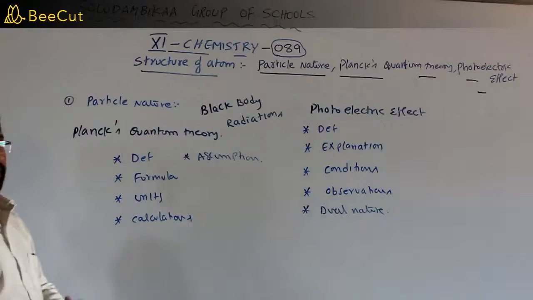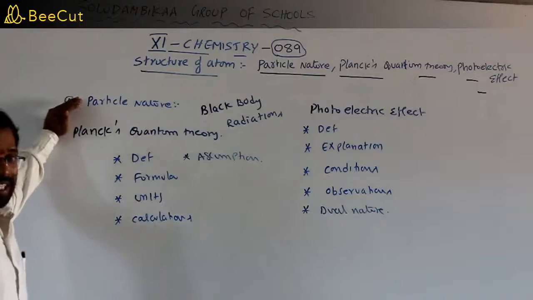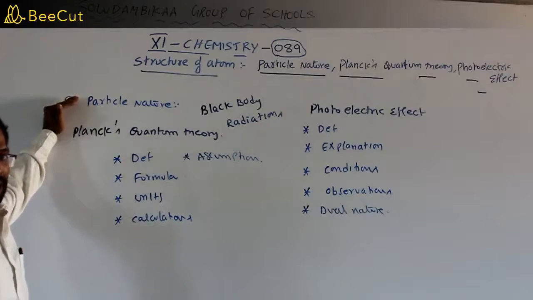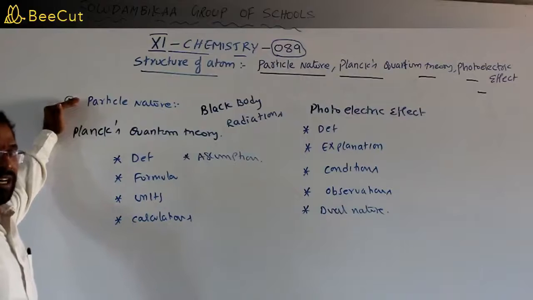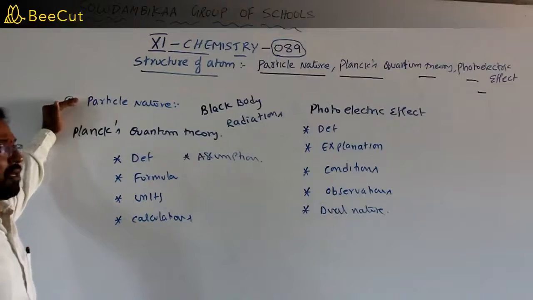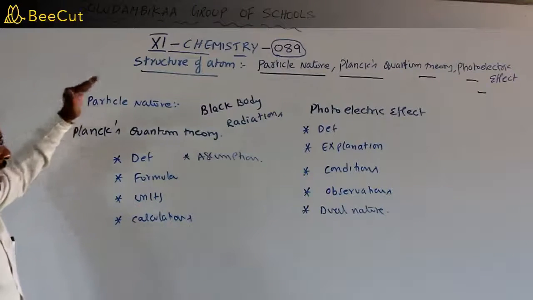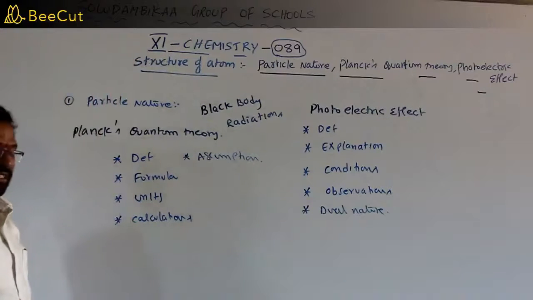First concept is particle nature. In the previous class we studied wave nature, electromagnetic radiation, and the different characteristic features of electromagnetic radiation. Now in the present class: particle nature, Planck's quantum theory and photoelectric effect.